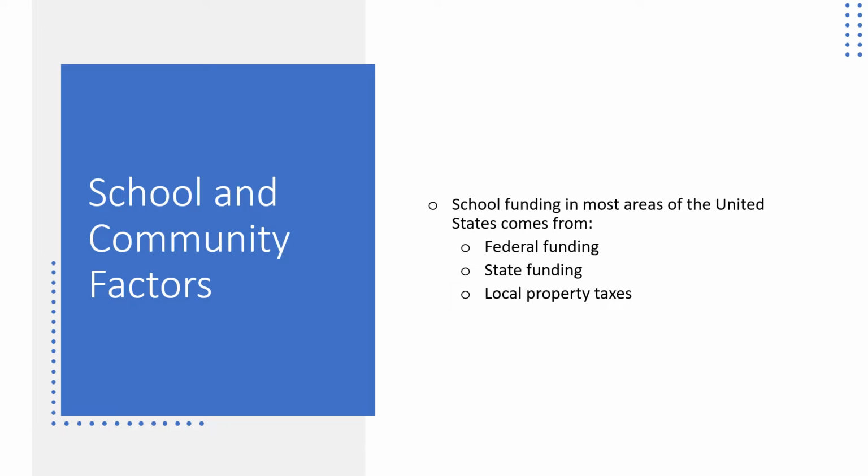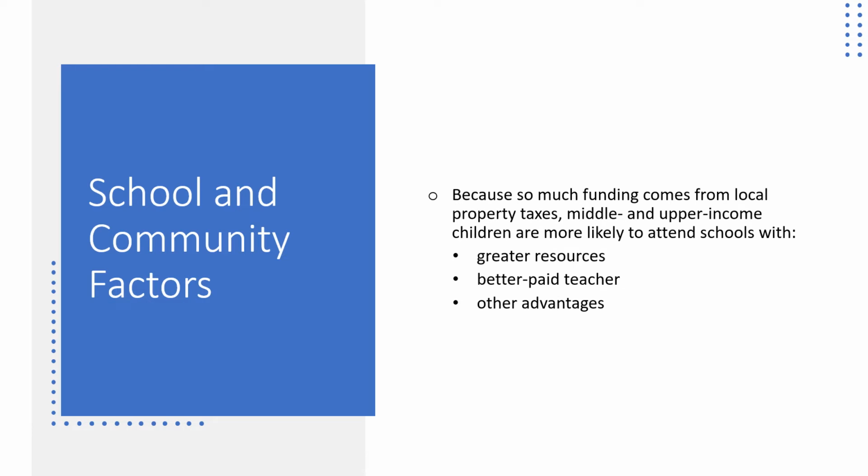They tend to have older buildings. They may not have some of the amenities of middle and upper class schools. Because so much of the funding comes from local property taxes, middle and upper income children are more likely to attend schools with greater resources, better paid teachers, and other advantages.